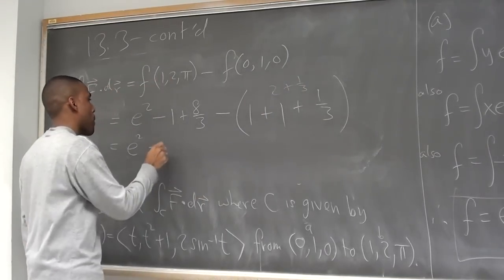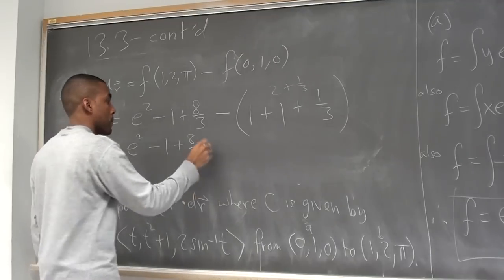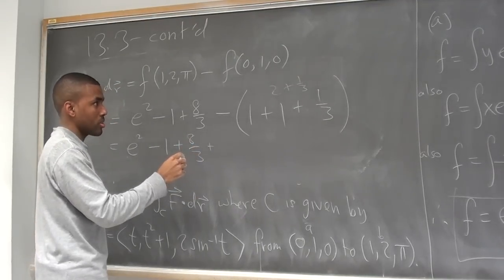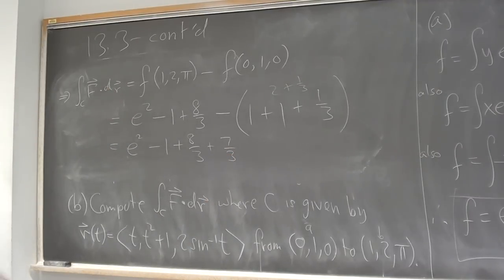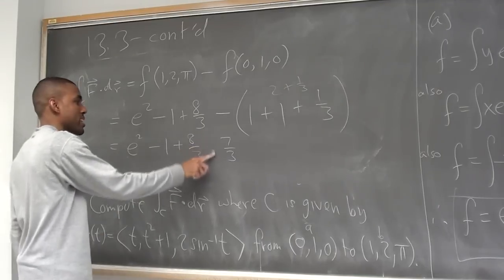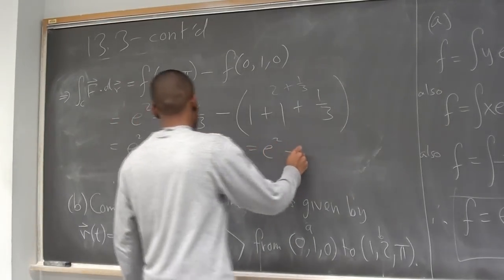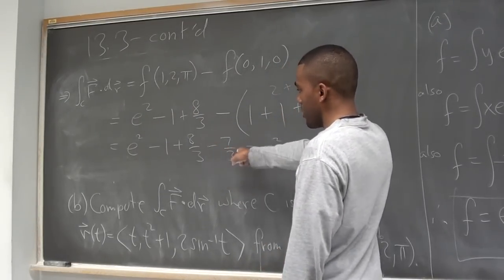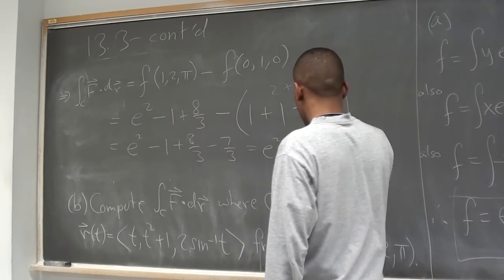Which is going to be what? 7/3. 2 plus a third is 7/3. So it's going to be minus 7/3, which gives you what? 8/3 minus 7/3 is 1/3, right? And 1/3 minus 1 gives you minus 2/3.